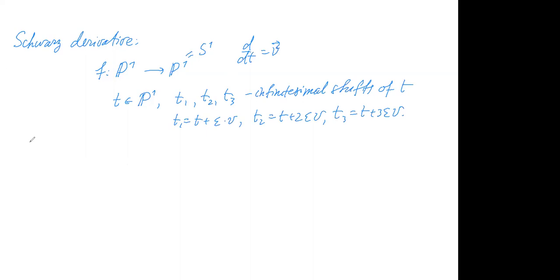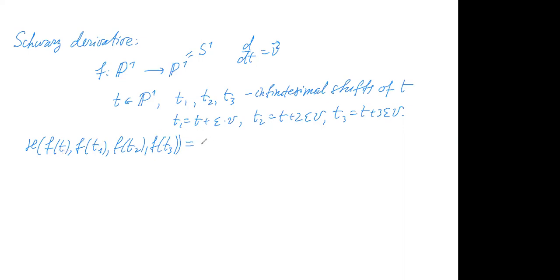Then we can do the following trick. Take the cross ratio of the images, that is to say of f(t), f(t1), f(t2), and f(t3), and find the infinitesimal part of this in terms of epsilon.